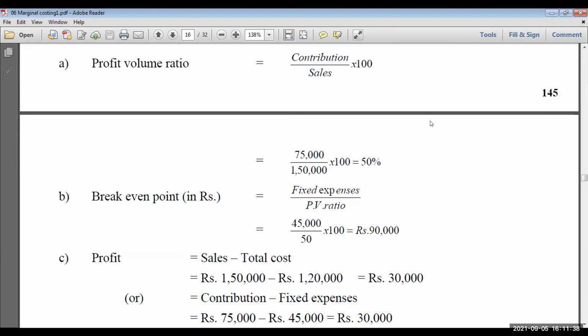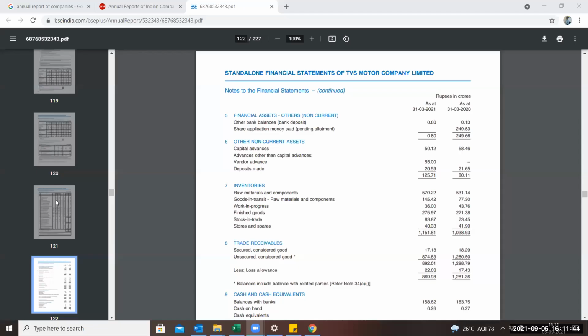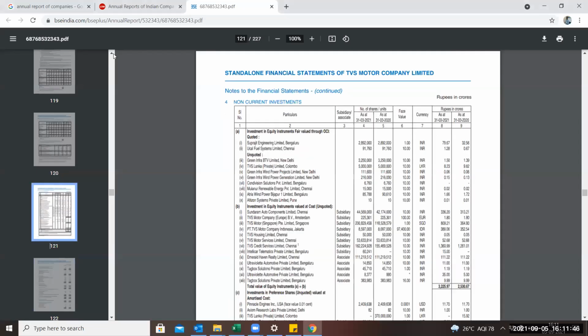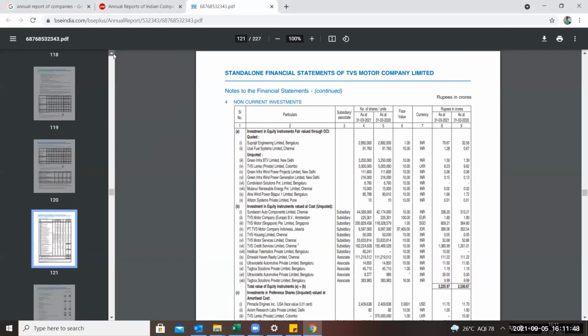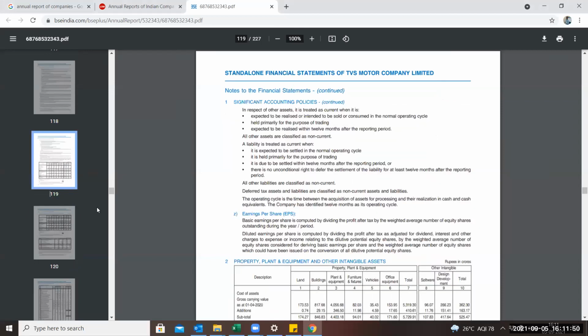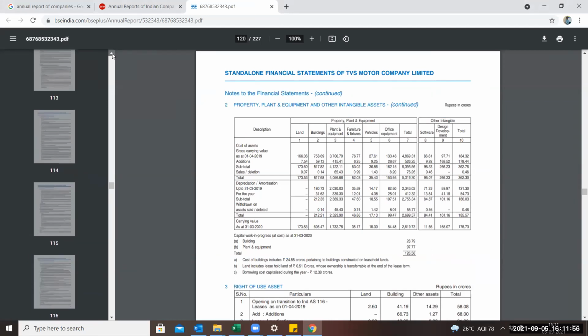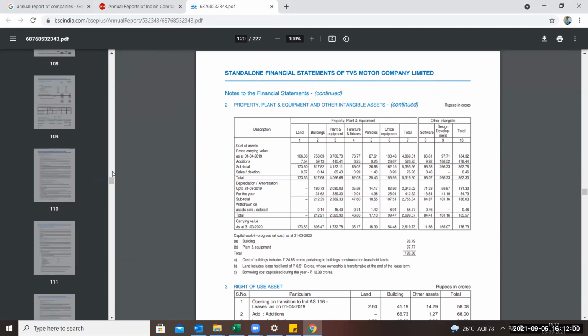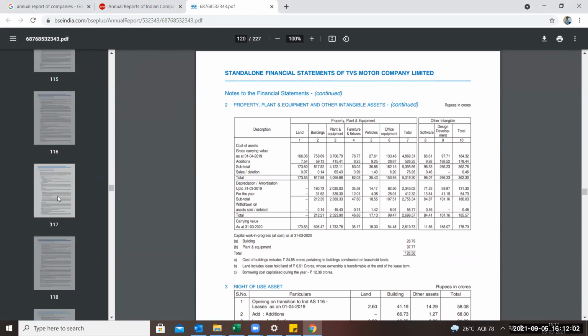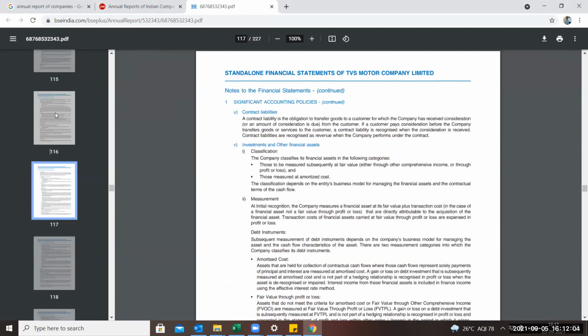Yes, I can see it. What is this balance sheet? The previous motor company. Yesterday when I was checking, I didn't get it. Page number 163.